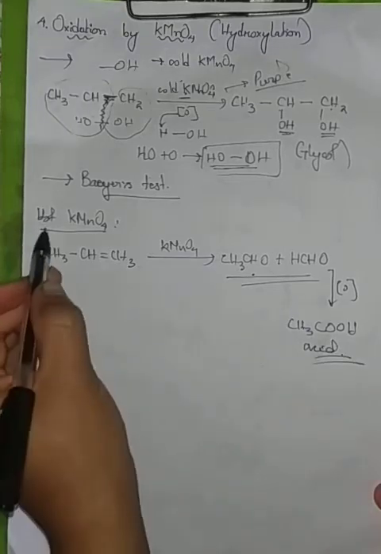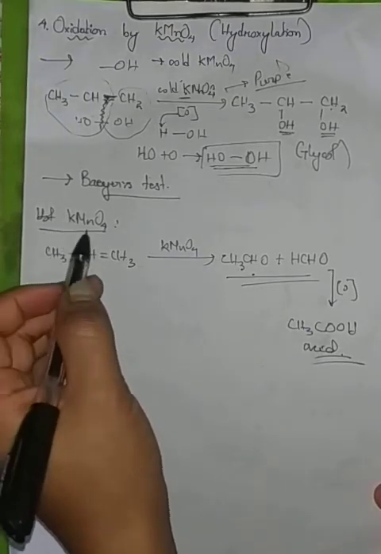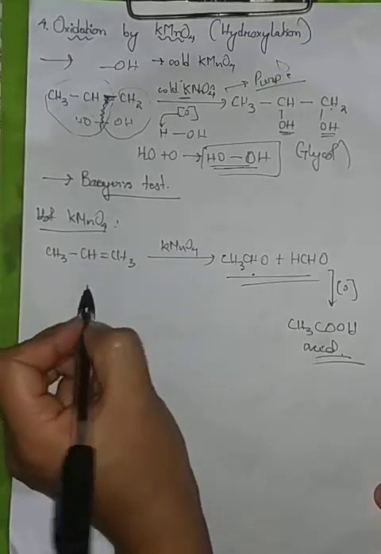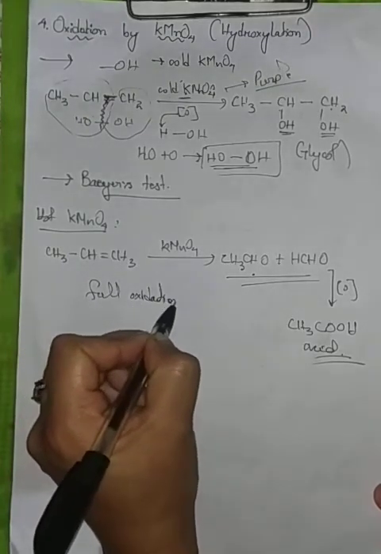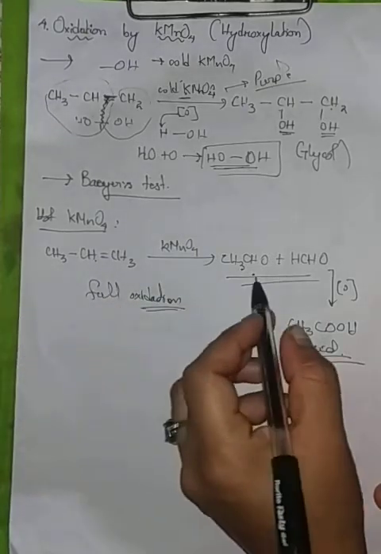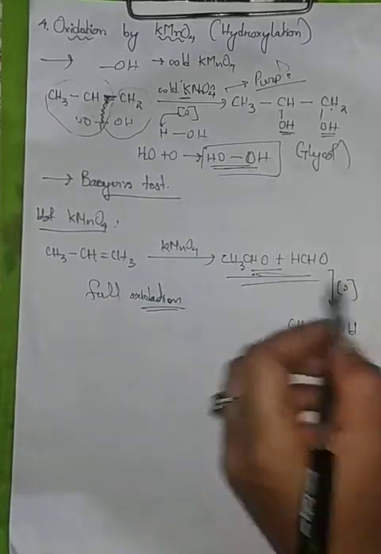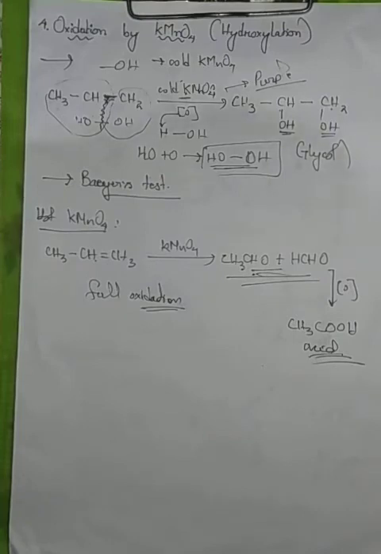Here, when hot KMnO4 is used for the oxidation of alkenes, full oxidation takes place, because the alkenes are first oxidized to aldehydes and then acids. Therefore full oxidation takes place in this type of reaction.